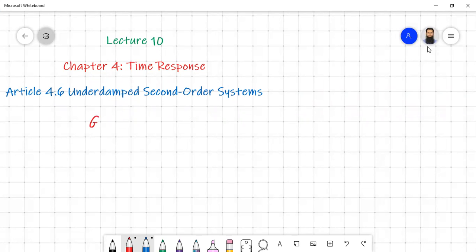Basically, G of S was omega n squared divided by S squared plus twice zeta omega n s plus omega n squared. So in terms of the two system parameters, omega n, the natural frequency of oscillation, as well as zeta, the damping ratio. This is what we have derived in the last topic.